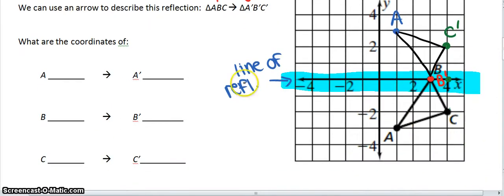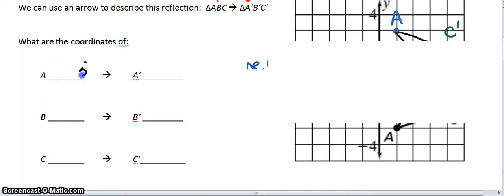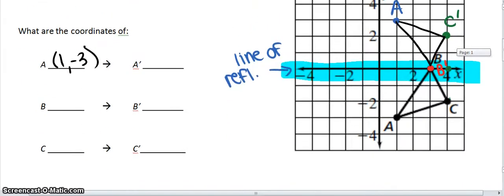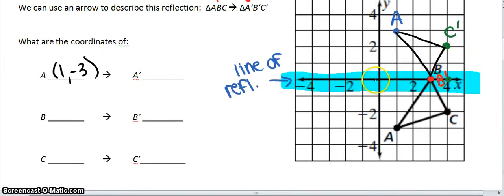So original point A, we went 1 on the x and down 3 on the y. Our original point B was at 3 on the x, and you're moving up 0 or down 0. So 0 on the y. C was at 4 for the x, and then it moved down 2.